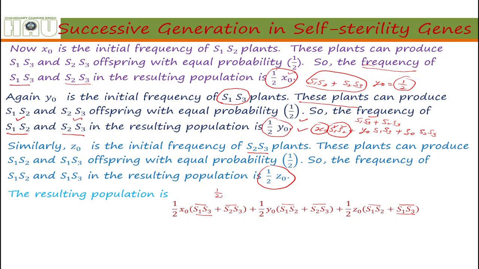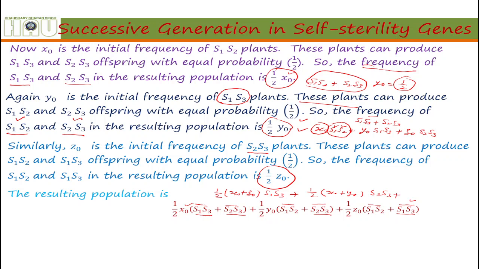Half is common on both sides, and since the coefficient of S1 S3 is X0 and the other coefficient of S1 S3 is Z0, I just write it like that: half of X0 plus Z0, S1 S3. Now S2 S3 also occurs twice with coefficients X0 and Y0, so I can write it as half of X0 plus Y0, S2 S3.